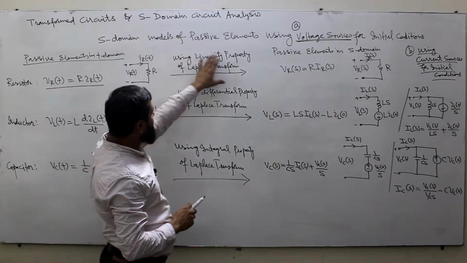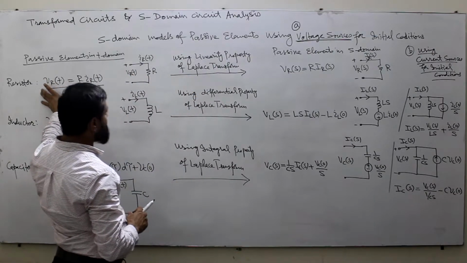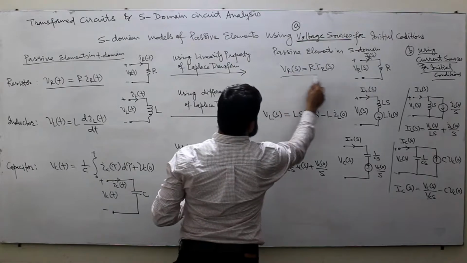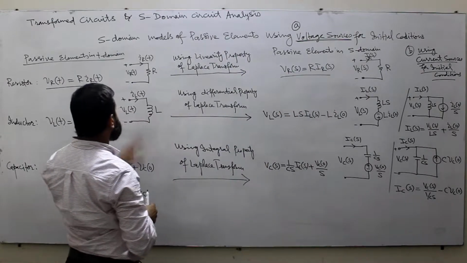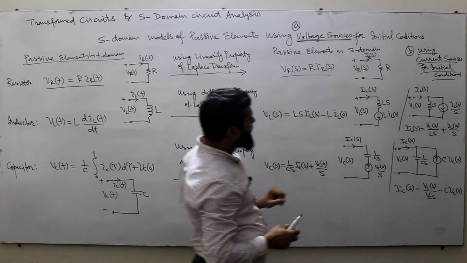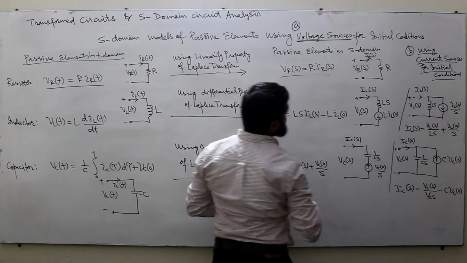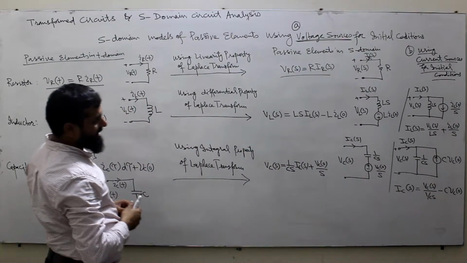Just using the linearity property of the Laplace transform, we can write this as the Laplace transform like this one, and the circuit will stay the same, and the variables will be represented in the S-domain.